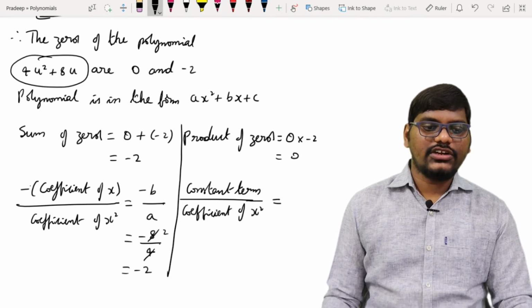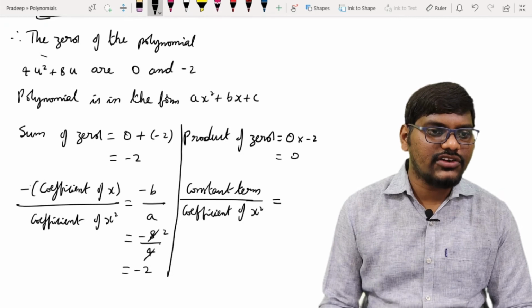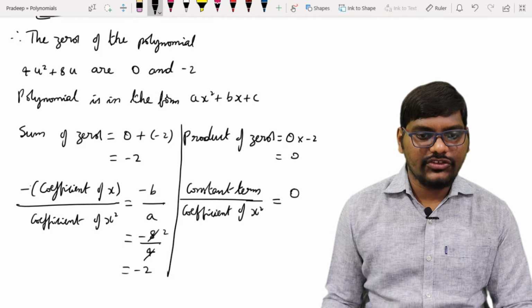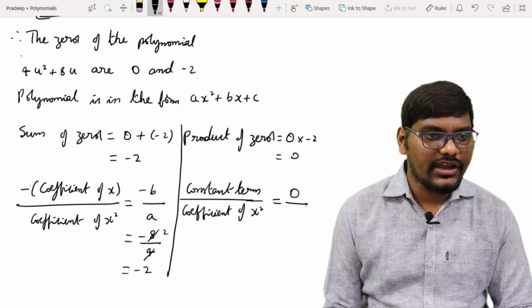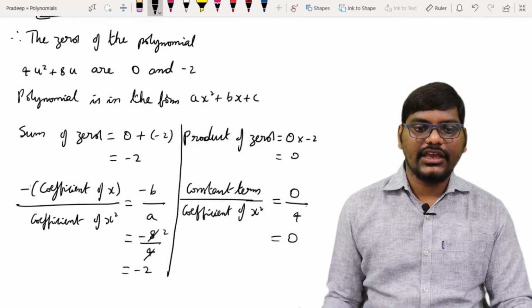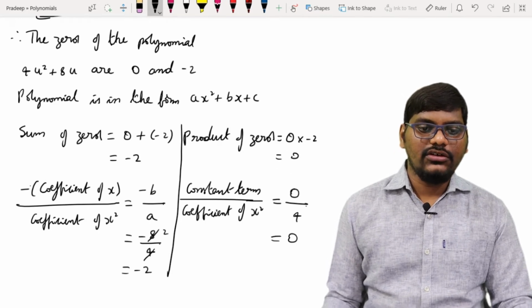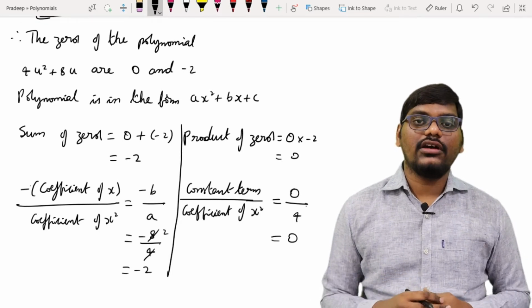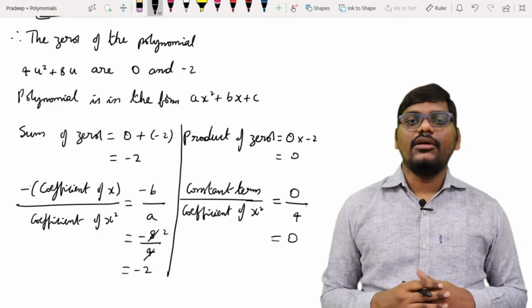Okay, there is no constant term in the equation given. So if there is no value, we can write it as 0, and coefficient of x square is nothing but 4. So 0 by 4, the value will be 0. So here also it is 0, here also it is 0. Okay, so these are the values which we got for the sum of the zeros and product of zeros.